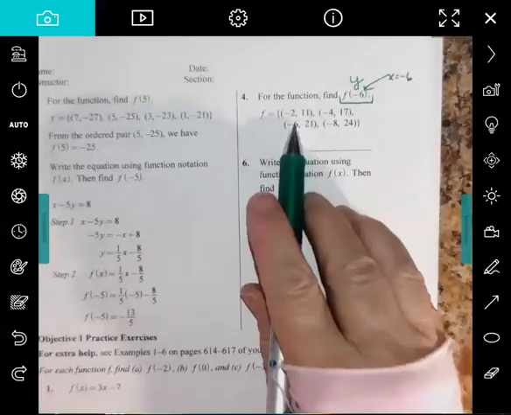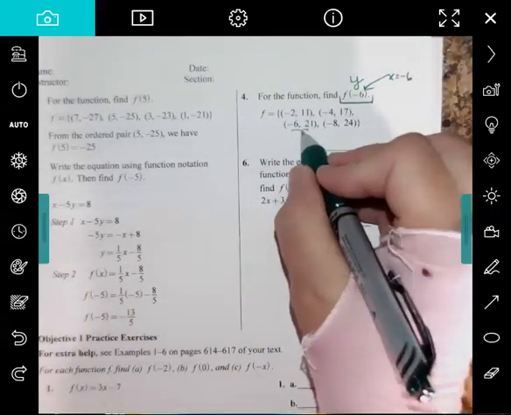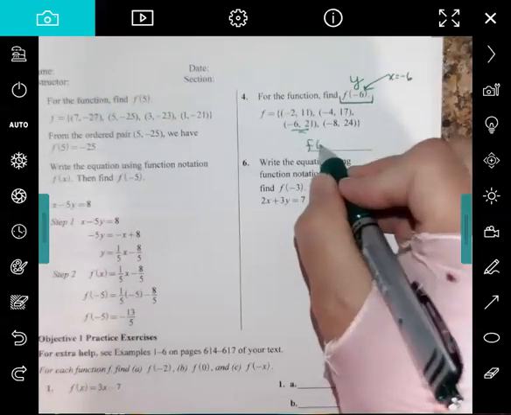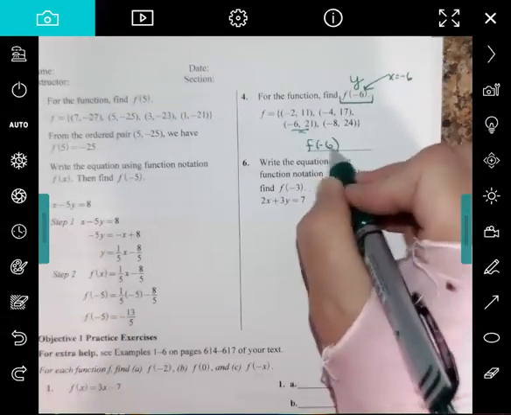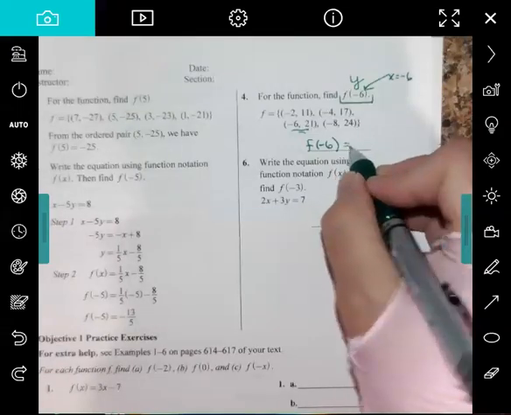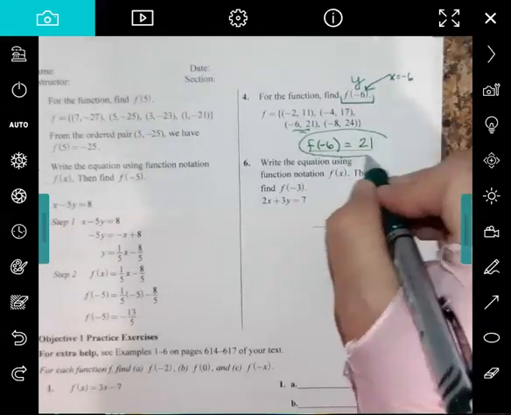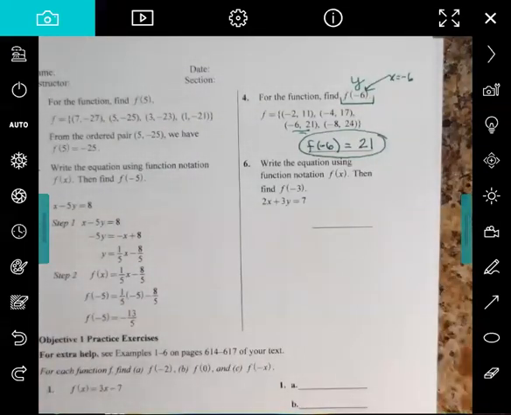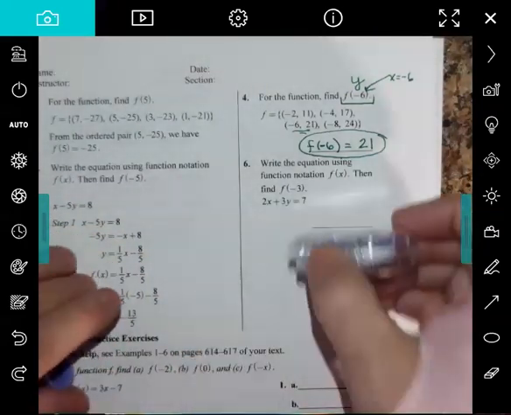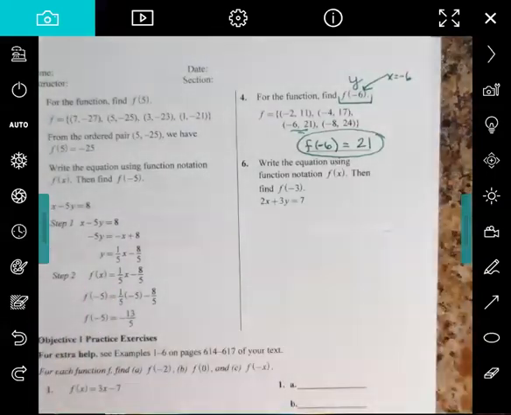So let's look here. f at negative 6, the y value when x is negative 6, is 21. And this is the way they're going to want us to write that. f at negative 6, the y value at negative 6 is 21. Just a new notation, it just takes some getting used to. I remember learning this and thinking it was tricky, many, many thousands of moons ago.